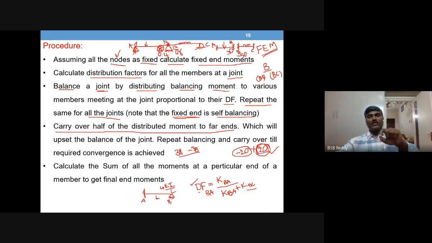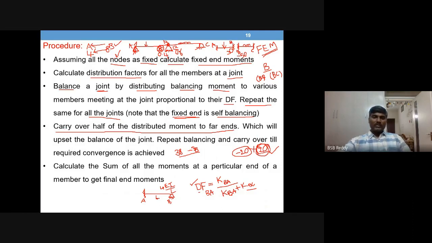The location where you are applying the moment becomes the near end, and this is the far end. So you are applying 8 kilonewton meter here, so half shall be carried to A. So 4 will be carried to A. That is what is called the carryover moment.